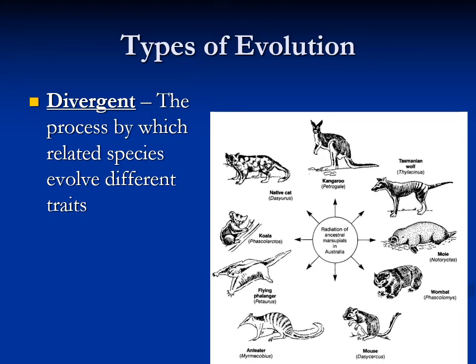They're grazers. They have a native cat that's not actually a cat at all. It's a marsupial with a pouch, but it looks very cat-like because it eats the same kind of foods and lives in a similar type of lifestyle as cats. Koalas are their version of bears. There's no bears in Australia. They have a flying phalanger that is similar to a flying squirrel that you would see here, or our squirrels.